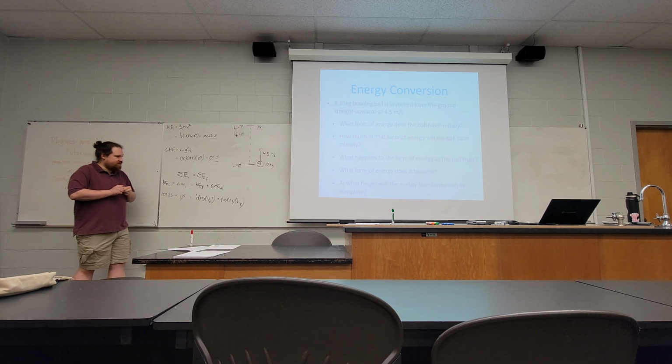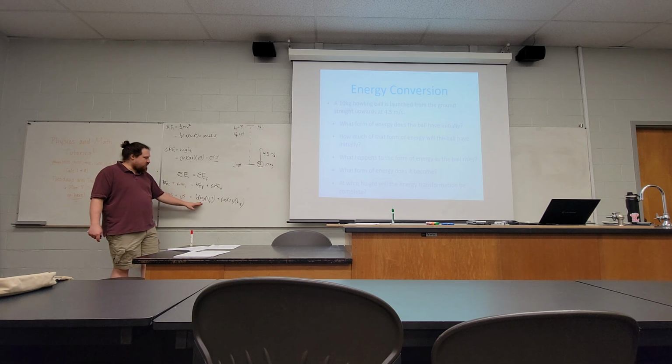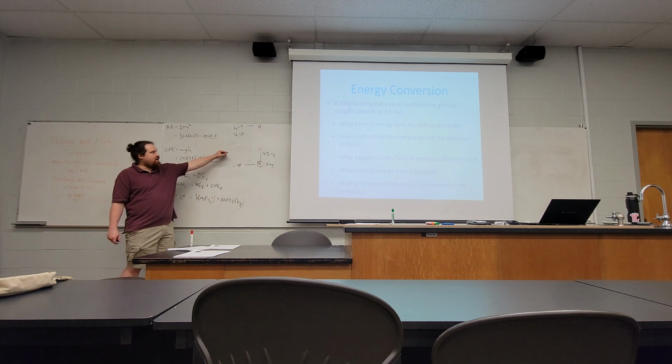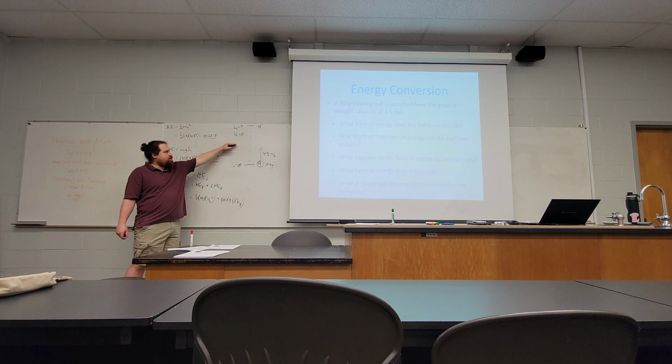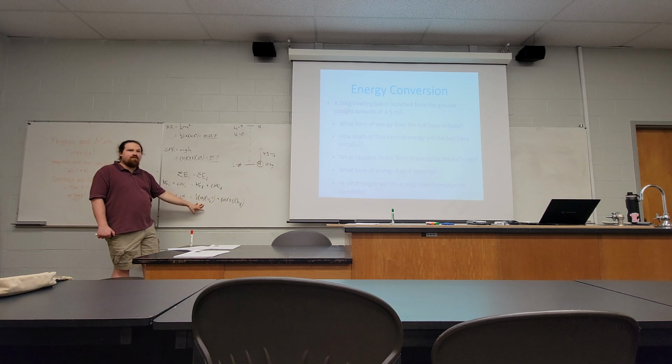What this tells us is, at any given height this thing has risen to, it'll have a certain amount of GPE, and there'll be a certain amount of KE remaining. If we chose a height about halfway up, whatever value for H we plug in here, we could solve for however fast it's moving in that moment.